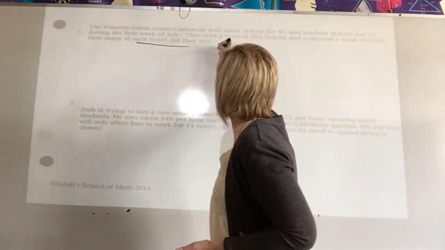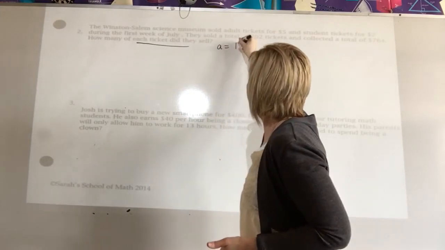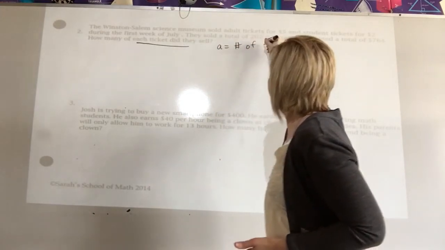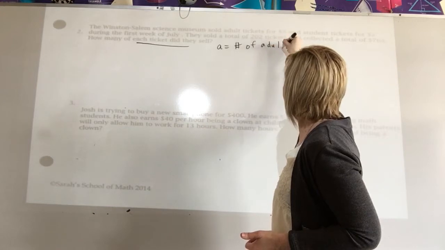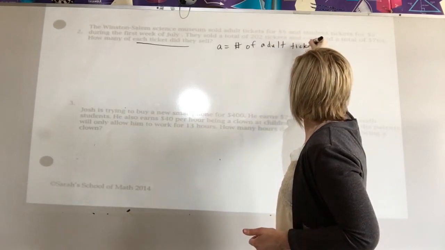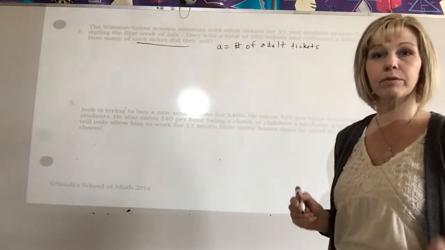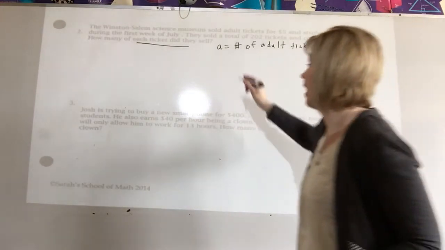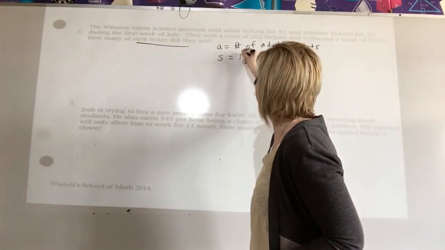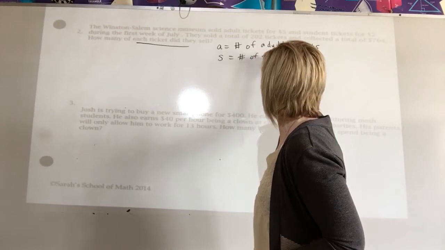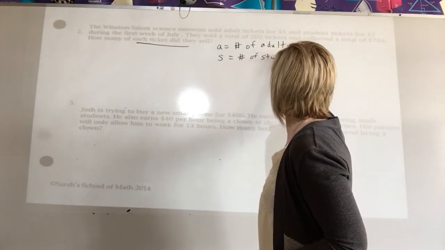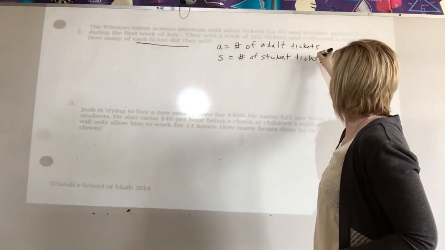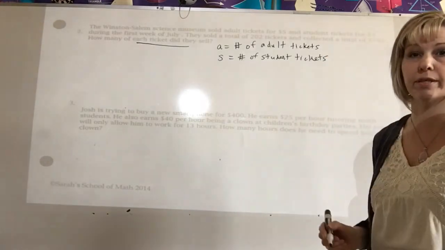So let's put A equals the number of adult tickets, and let's let S equal the number of student tickets.